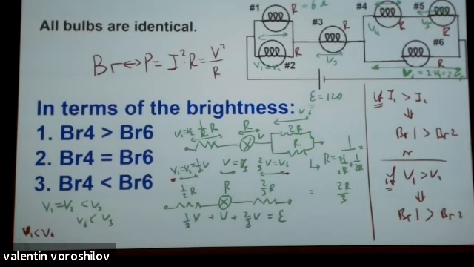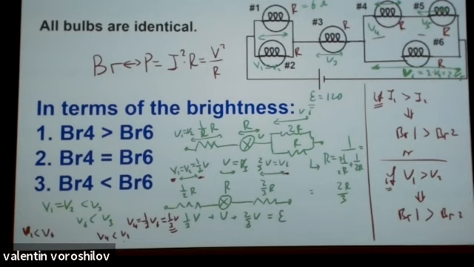And 2 more voltages, 4 and 5. Well, we know V4 equals 1/2 of V6, so it's going to be 1/3 of V. And 1/3 of V is less than 1/2 of V. So V4 will be less than V1.